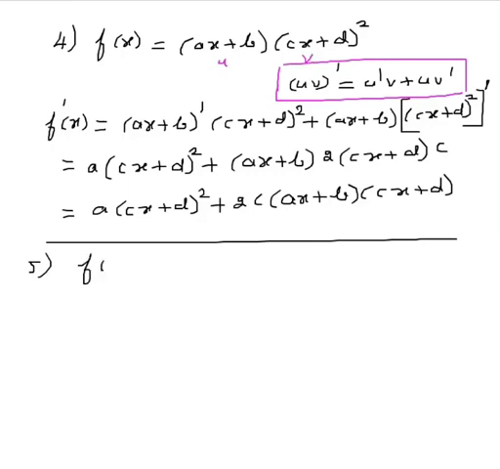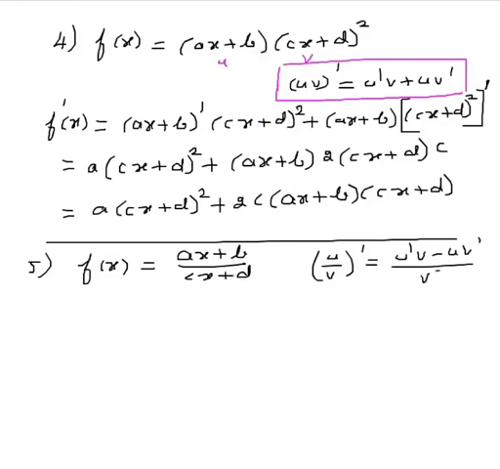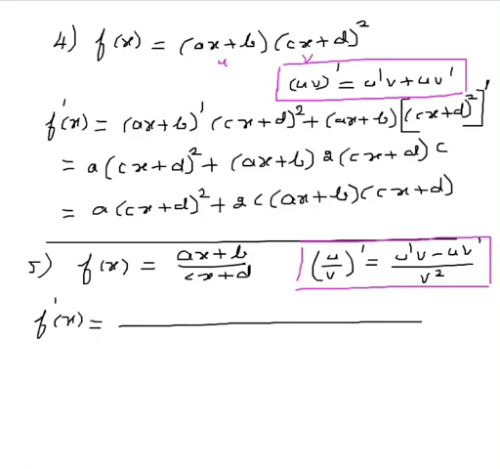Question 5. F of x is ax plus b divided by cx plus d. Let us use quotient rule here. U by v the whole dashed is u dash v minus u v dash divided by v square. Therefore, f dashed of x is equal to ax plus b the whole dashed.